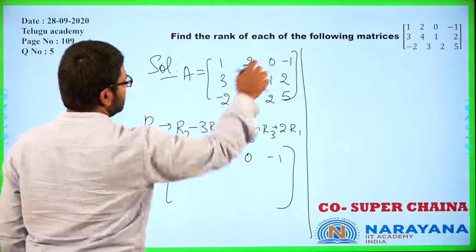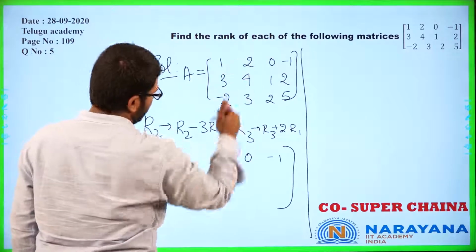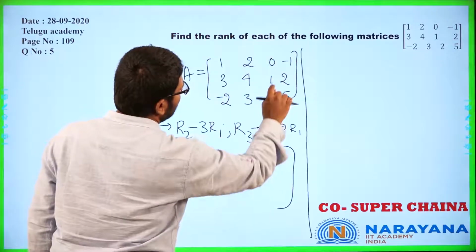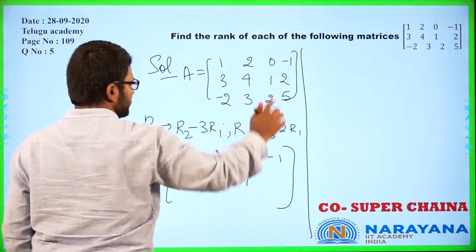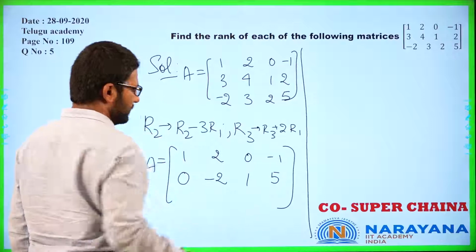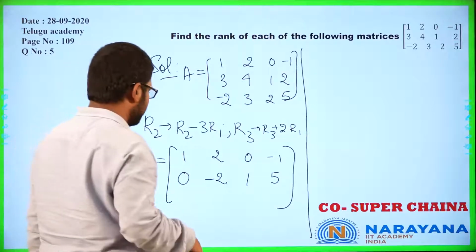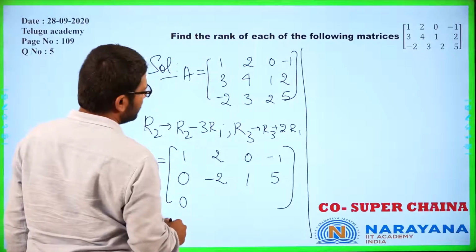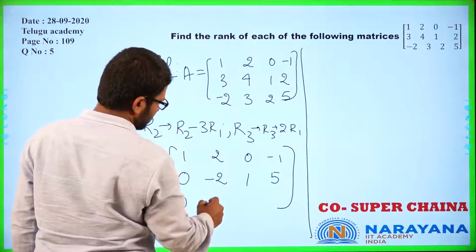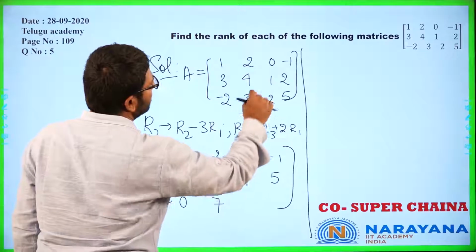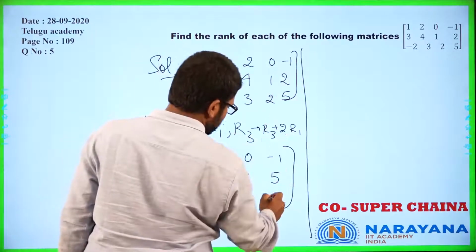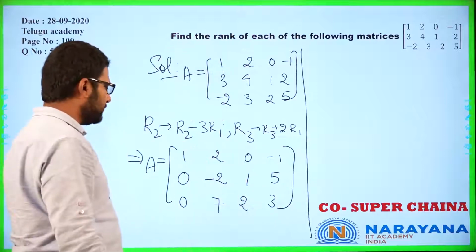So, this minus 3 times this: 0, 4 minus 6 is minus 2, 1 minus 0, 1, and 2 minus minus 3, so 5 here, correct? Be careful about that. Then R3 goes to R3 plus 2R1, so 0 here. Then 3 plus twice of this, so 7, and 2 plus 0, 2, and 5 minus 2 is 3. Okay, so we have zeros here.